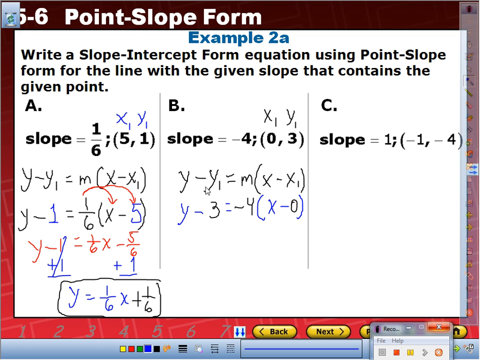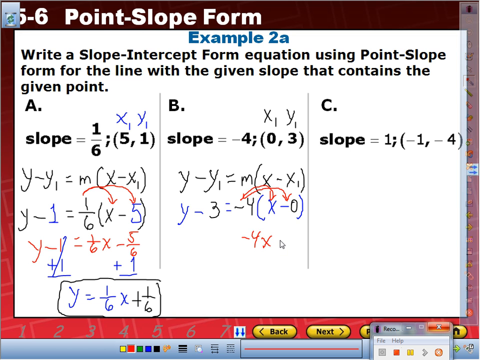We write our point slope form, substitute our values. Are we there so far? All right. What is our last step? Solve for y, because it needs to be in y form, right? So we need to distribute this right here. So what is negative 4 times x? Negative 4x. What is negative 4 times negative 0? 0.